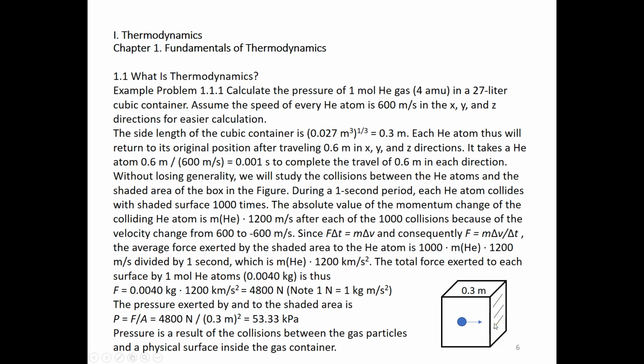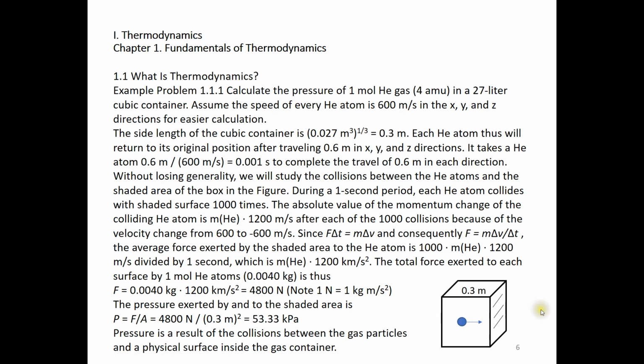In each collision, the momentum of this helium changes. This is because although the speed remains constant at 600, the direction of the velocity of the particle changes. So you can say it changes from 600 to negative 600, or from negative 600 to positive 600. Anyway, the magnitude of the change of the velocity is 1200 meters per second.